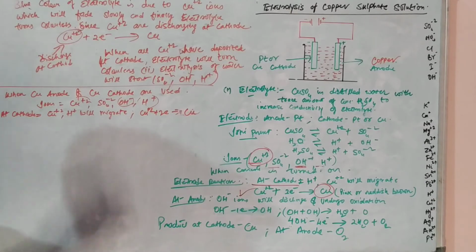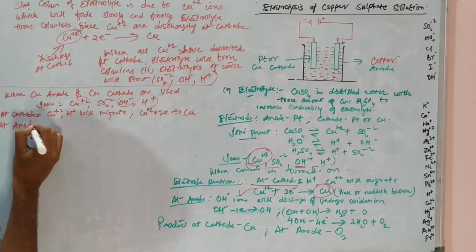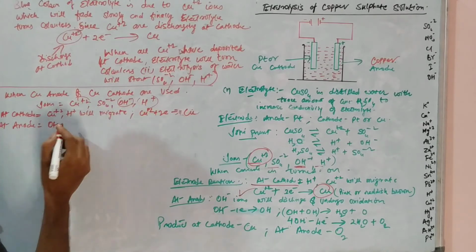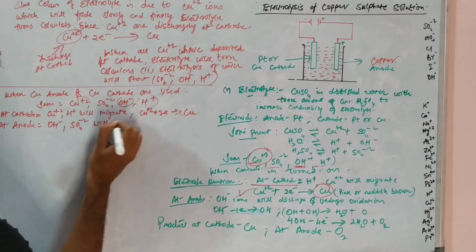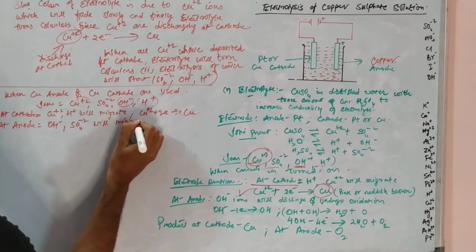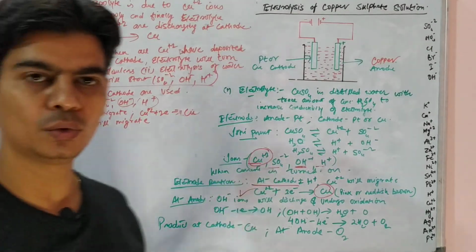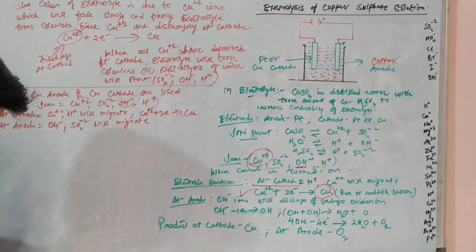Now let's see what will happen at the anode. At the anode, we have two anions, sulfate and hydroxyl, and both will migrate to the anode. Now, which one will discharge?